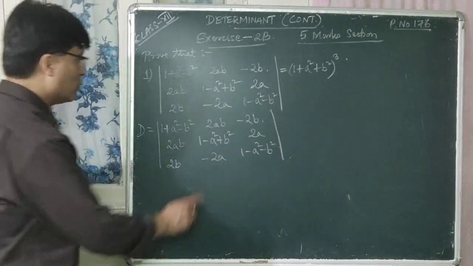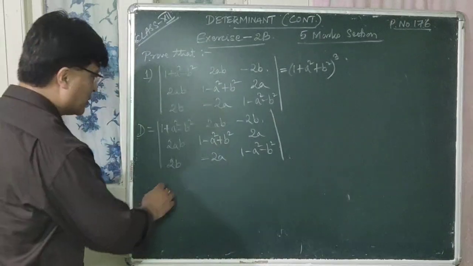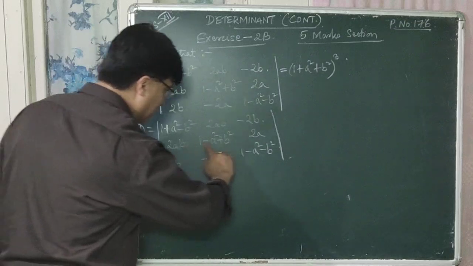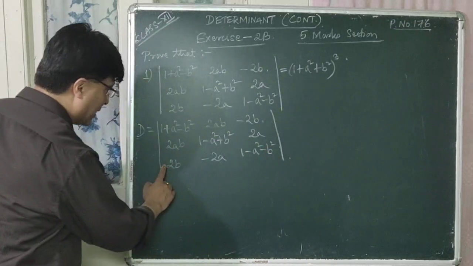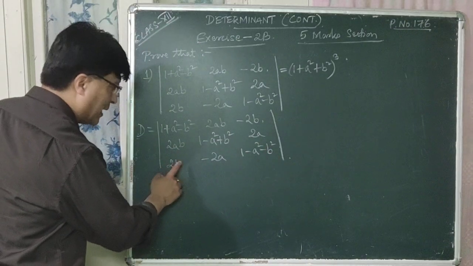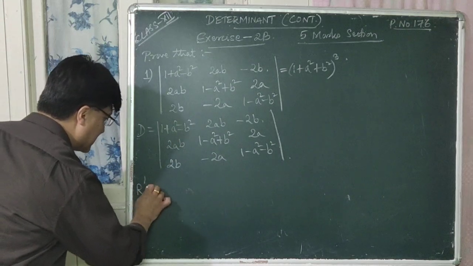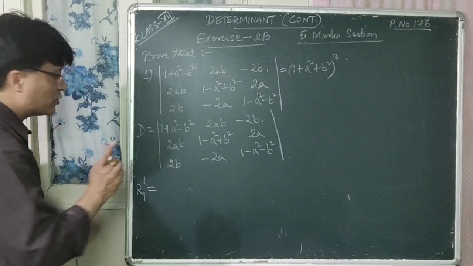Okay? So now what is the first property here? I told you that you have to multiply each and every element of the third row by b, and it is added to the first row. That means R1 dash, how does it change?